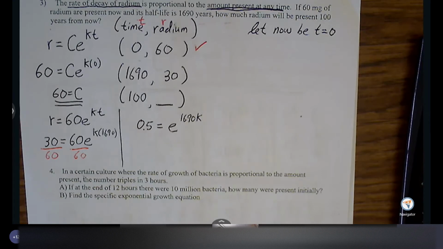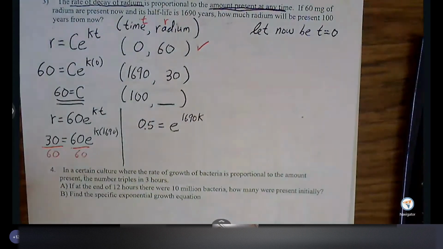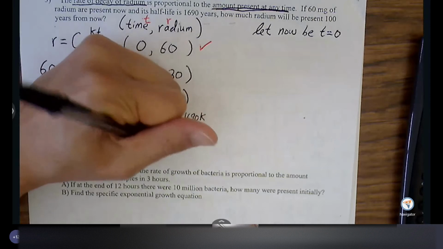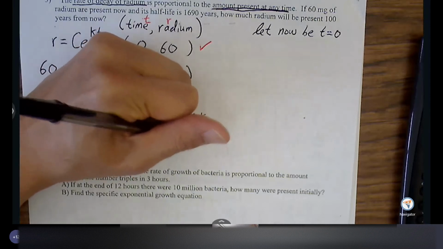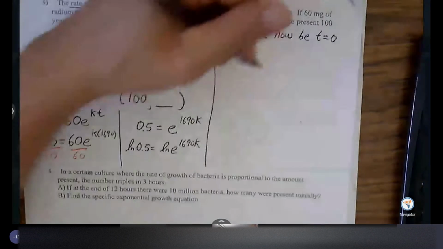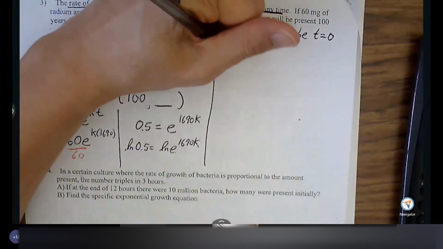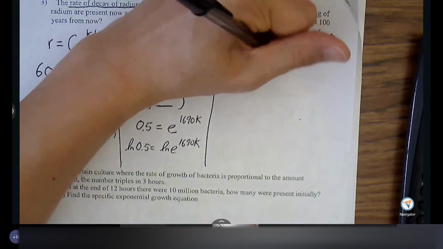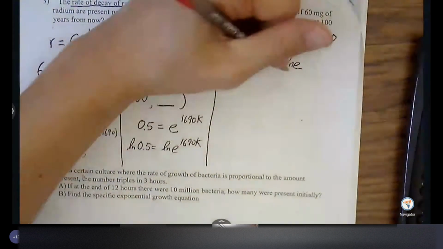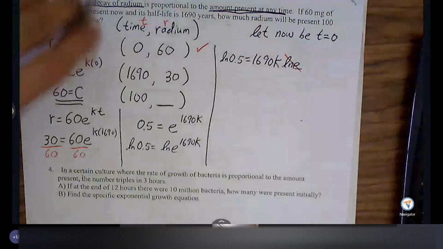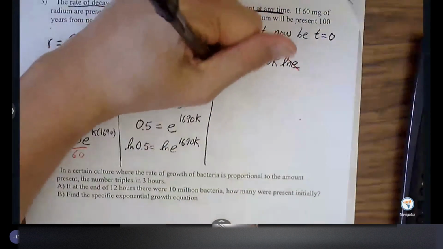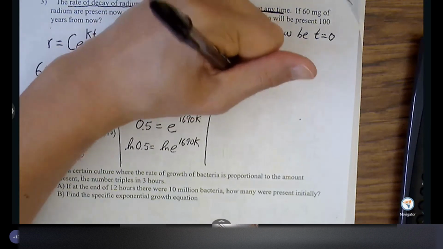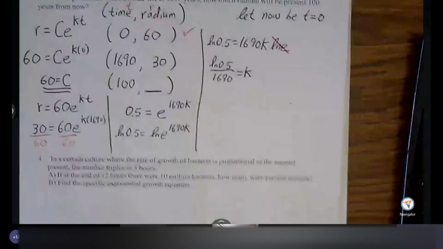Bring that 1690K down. Natural log of e goes away nicely. Divide both sides by 1690. We have our K value.